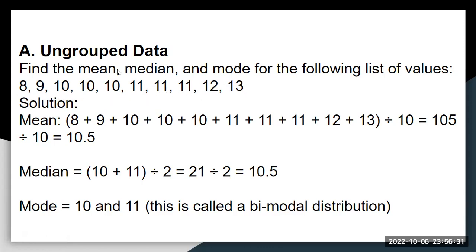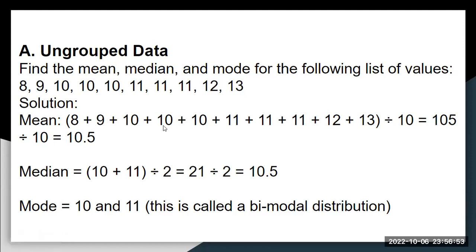And before pala kayo mag-solve, i-arrange nyo muna yung given set of data from lowest to highest. So, if you notice yung given naman dyan, naka-arrange na siya from lowest to highest. If pag hindi, you just need to arrange from the lowest value to the highest value. So, add nyo lang lahat yan. Pag mean, averaging.